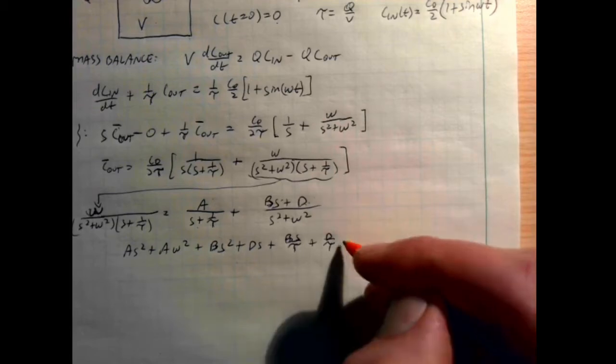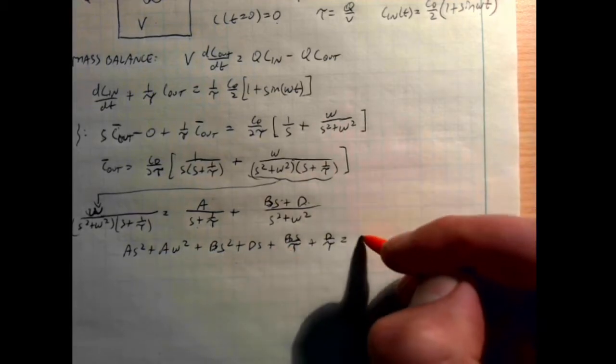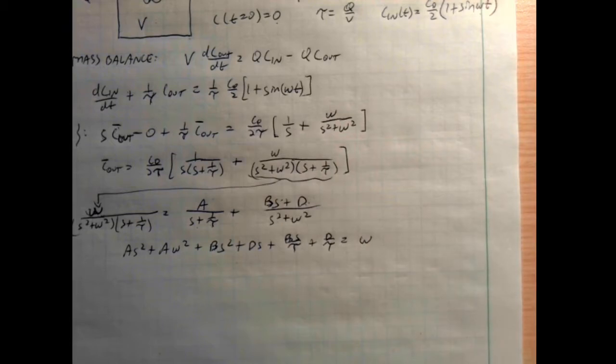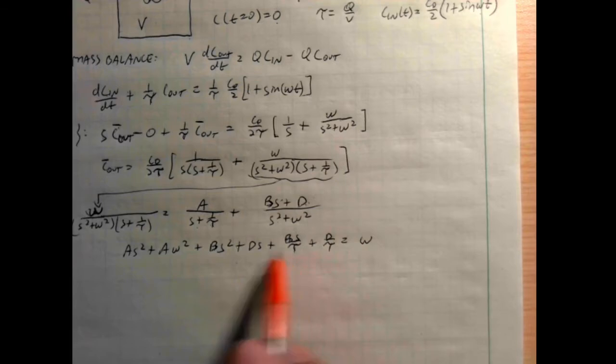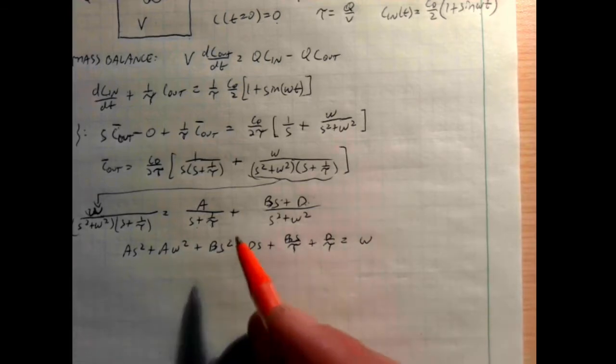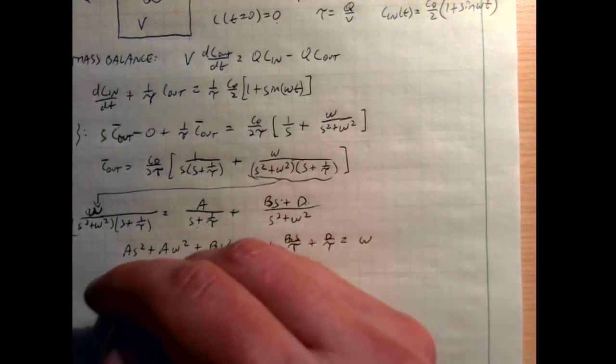Okay, those are my 6 terms, and I need all those. I need to find values of A, B, and D that will give me just an omega. And so basically I can group them together into ones that have no s, ones that have an s, and ones that have an s squared. So we have A omega squared here.